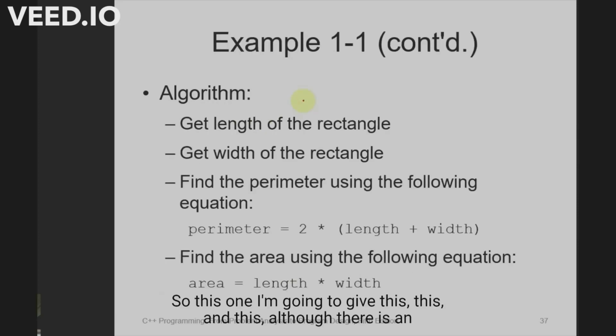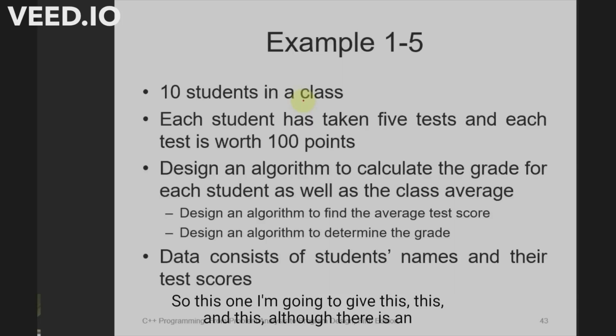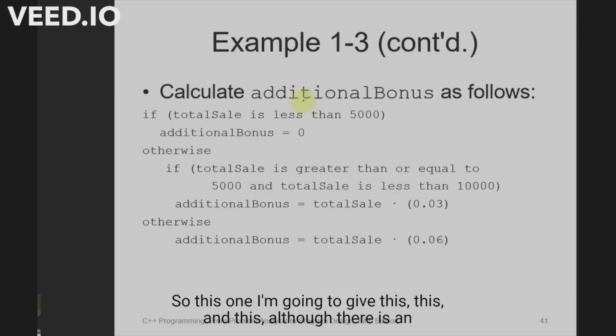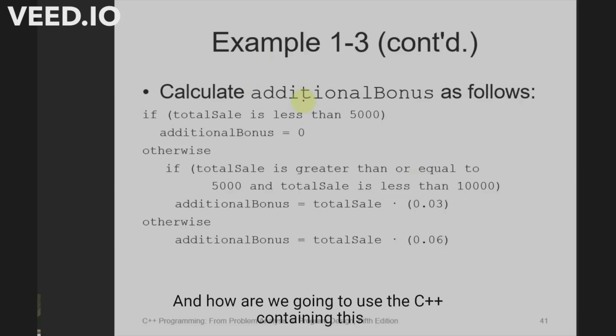Although here are already the equations, how are we going to make use of an algorithm and how are we going to use C++ containing these syntaxes or keywords in C++?